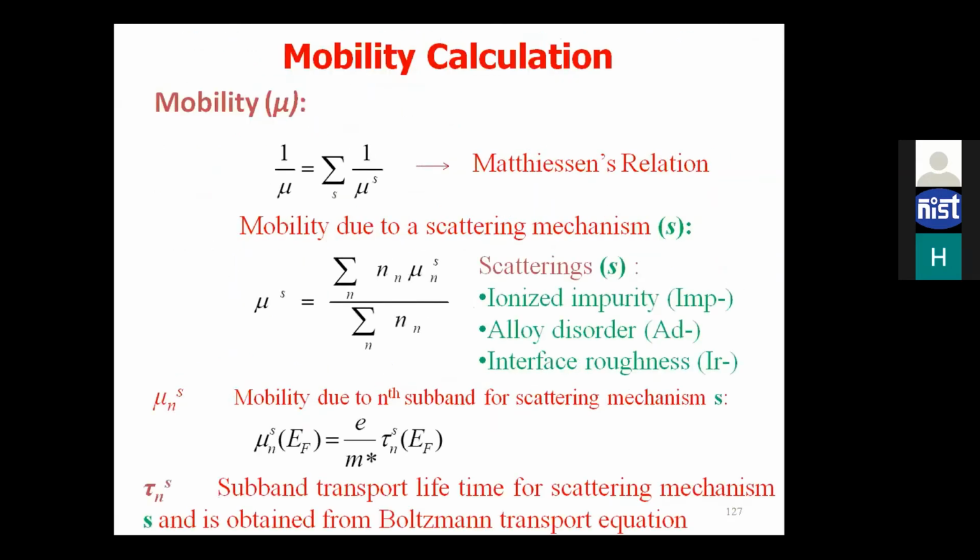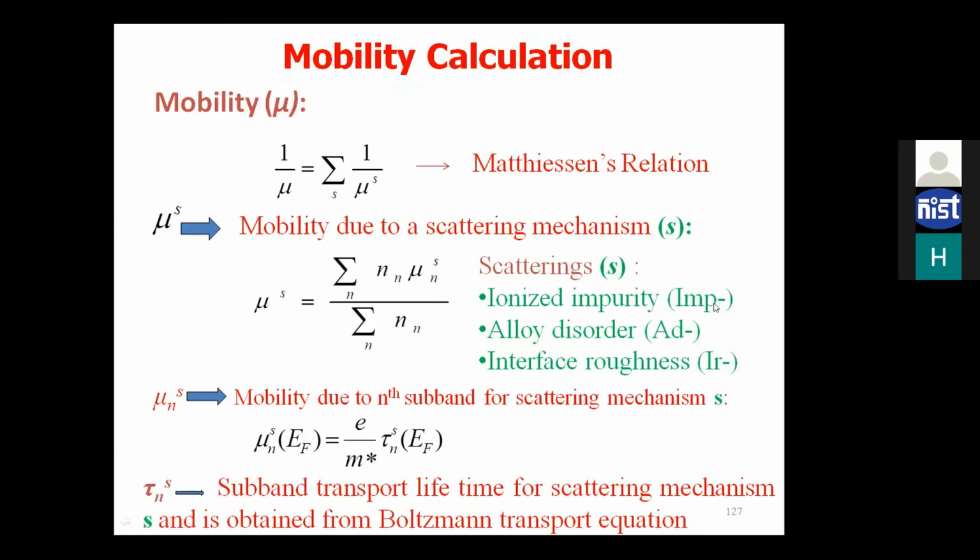So how can you calculate the mobility? Normally we calculate mobility by using Matthiessen's relation. See, if we are considering different types of scattering mechanisms like ionized impurity, alloy, interface roughness, that I have explained already, then due to each individual scattering you can get a mobility.